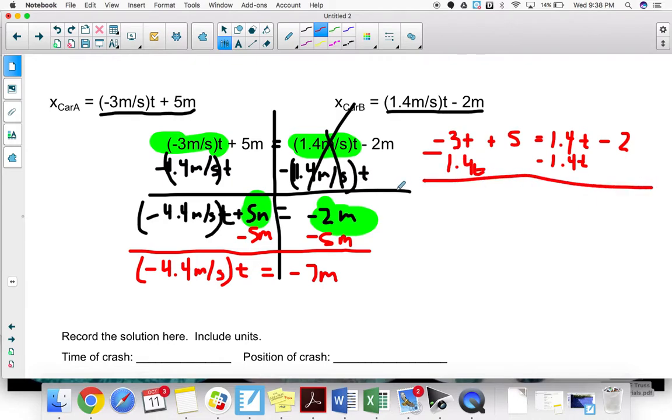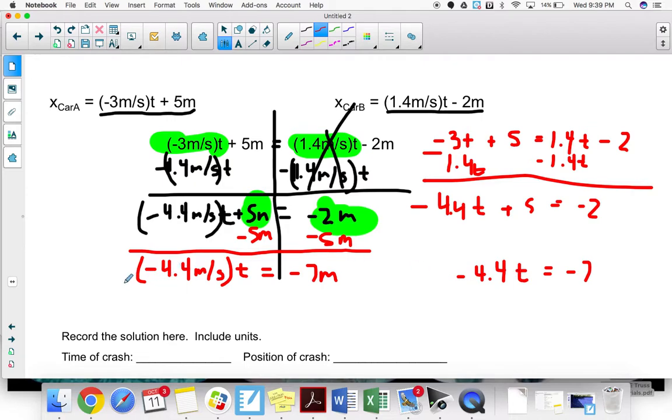All right, and if you notice, that's pretty much the same thing we have. So we ended up with a negative 4.4t plus 5 equals negative 2. And see, now we subtracted 5. So this would be like a negative 4.4t equals negative 7.